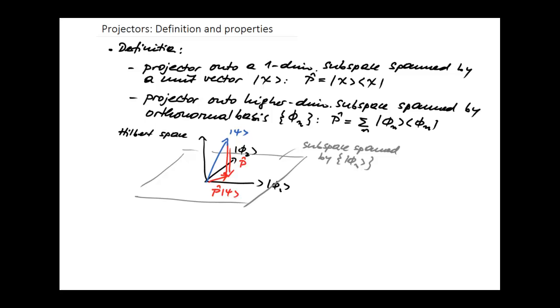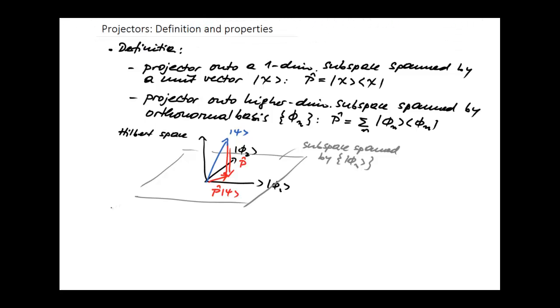And I claim that the projector, as defined above, achieves that. So this projector has the effect that an arbitrary state psi is projected onto this two-dimensional subspace spanned by the phi n.